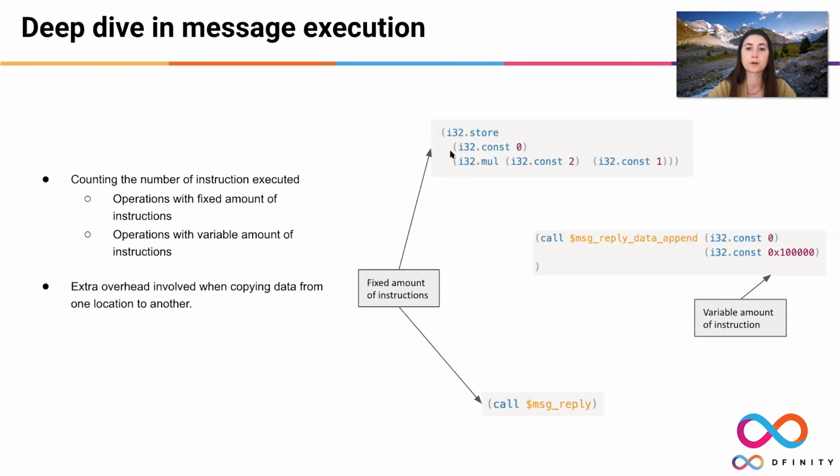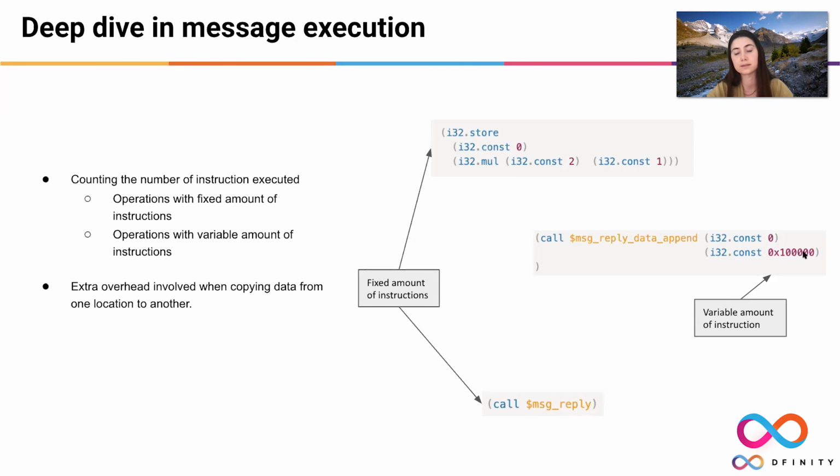We have one normal WASM instruction, and then a system call which replies to the original caller. Both of them need a fixed number of instructions, and they don't vary. It's all the time the same. Then in this example we have another system call.